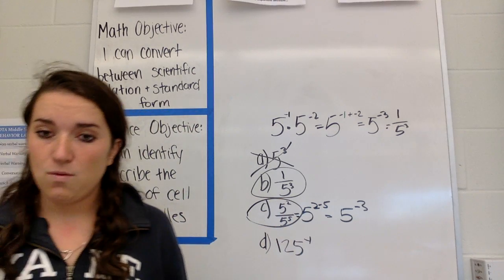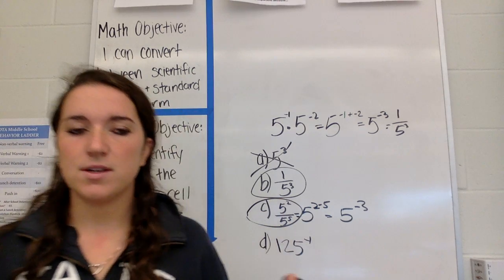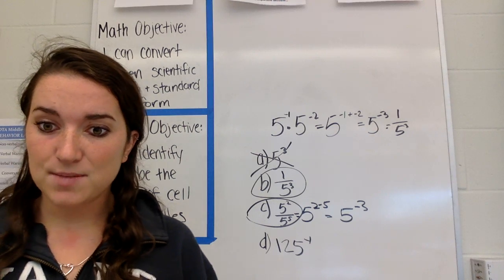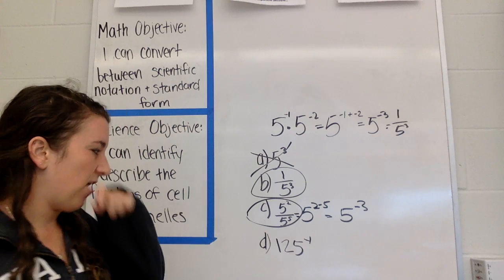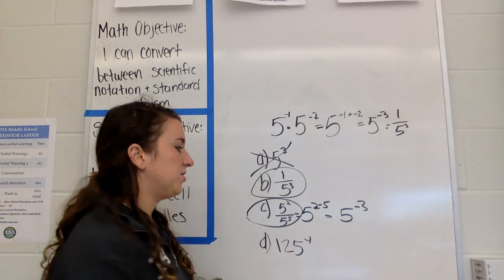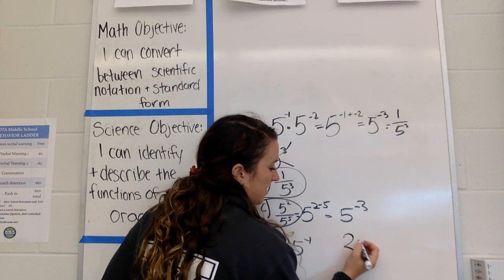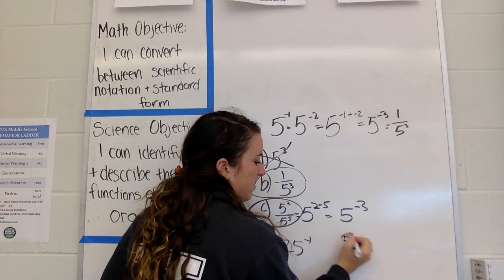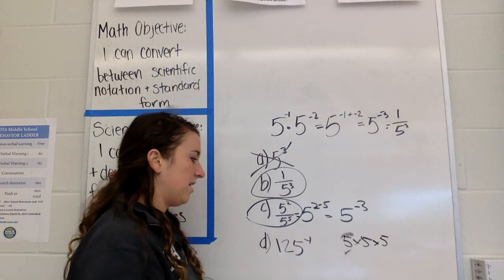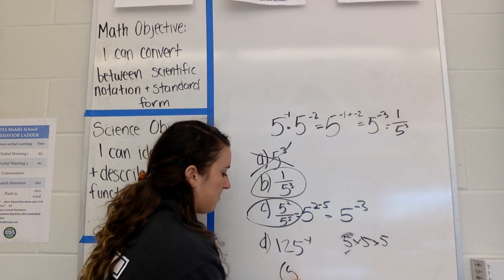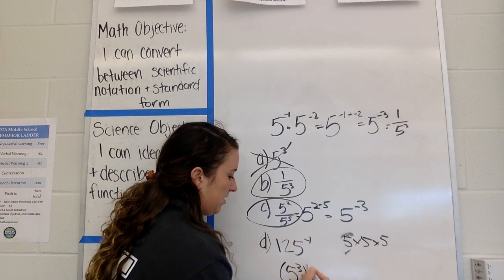So C is correct. Then for D, 125. This number looks familiar when I'm talking about exponents. How can I write this as a power of 5? 125 is 5 times 5, which is 25, times 5 again. So 125 is the same thing as 5 cubed.